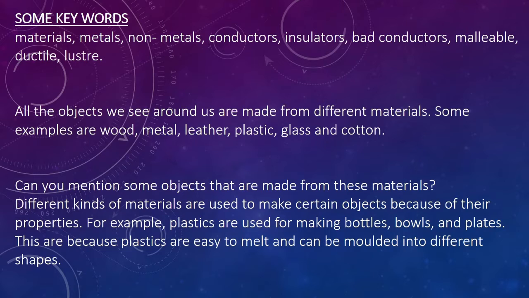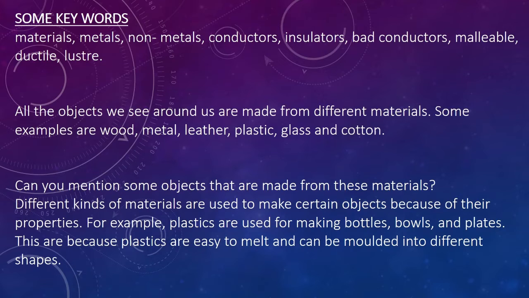All the objects we see around us are made from different materials. As you sit now, if you look around you, you will see a lot of objects, and these objects are made from different materials. You can see a rubber bucket, you can see a table, you can see a chair, you can see your metal gate.